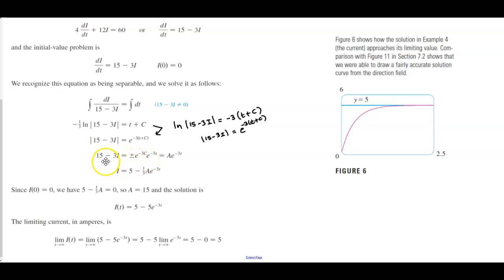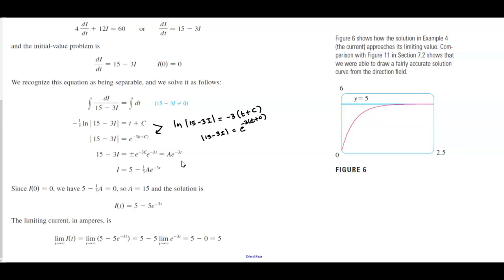So we're going to get 15 minus 3i, which is equal to a e to the negative 3t. And then solving for I, we can subtract 15 from both sides, and then divide everything by negative 3. So I is going to equal 5 minus 1/3 a e to the negative 3t.